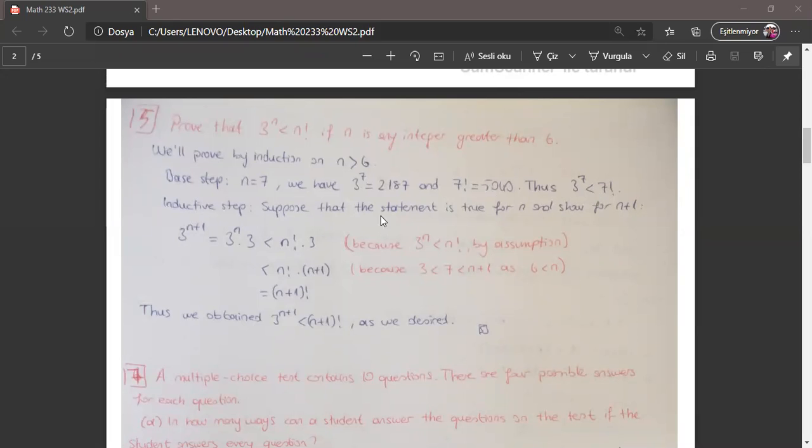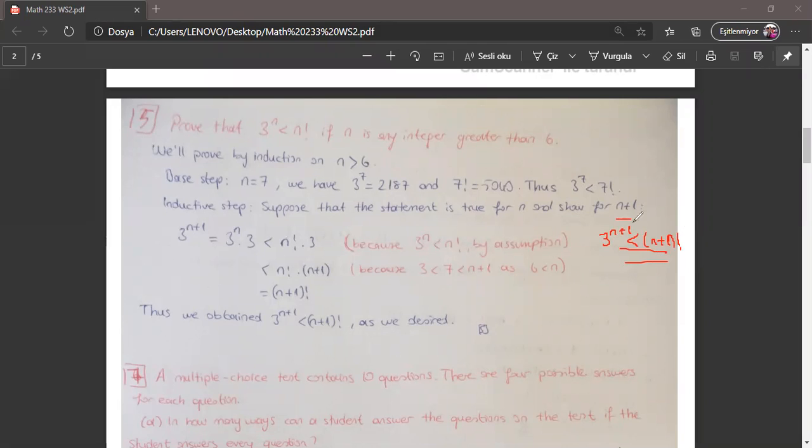Now for the inductive step, we again assume that the statement is true for n, and we will show it's also true for n plus 1. So what do we have? For n plus 1, we need to show that 3 to the n plus 1 is less than n plus 1 factorial. At the end, we need to obtain this.